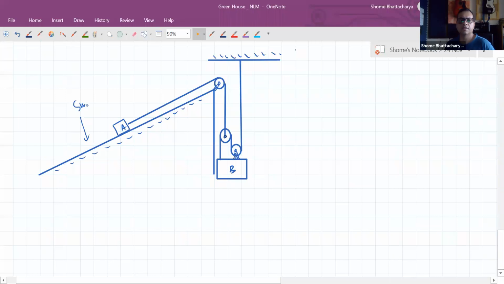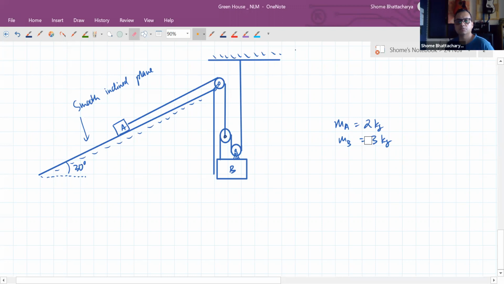So we have a smooth inclined plane here, like this, and this angle is 30 degrees, and mass of A is 2 kilograms, mass of B is 3 kilograms.